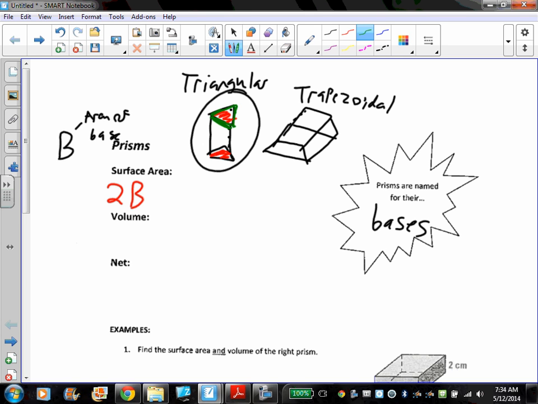We could unfold this to make one giant rectangle that would have the perimeter as the width. The height of that rectangle would be the height of the prism. So to get the total area of all of these rectangles, all we have to do is add in the perimeter times the height. So our surface area equation ends up being 2 times the area of the base plus the perimeter of the base times the height. Just like that.